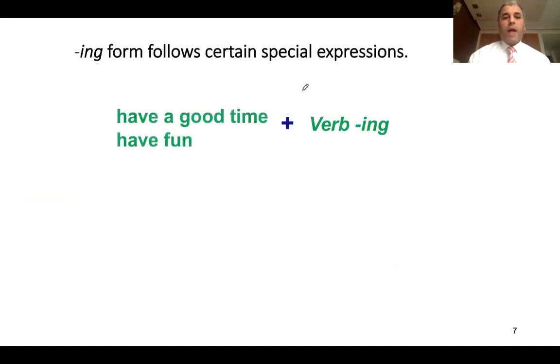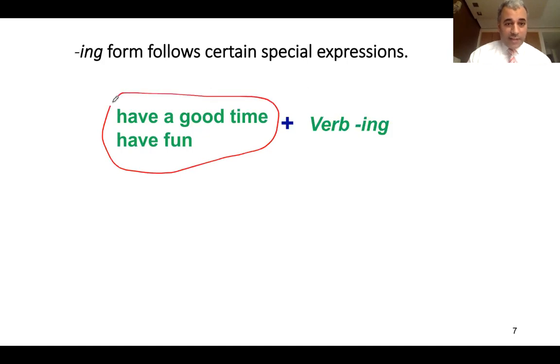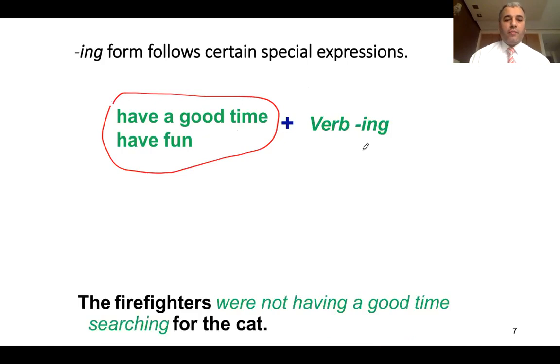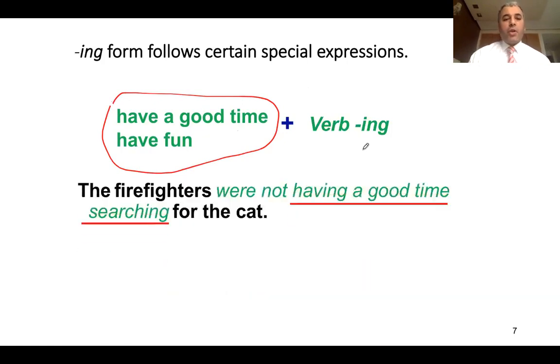So you have ing form follows certain expressions. That is to say, gerunds can be used after certain special expressions. Example, have a good time, have fun. These need to be taken as such, and these expressions can be followed by ing form. The firefighters were not having a good time searching for the cat.